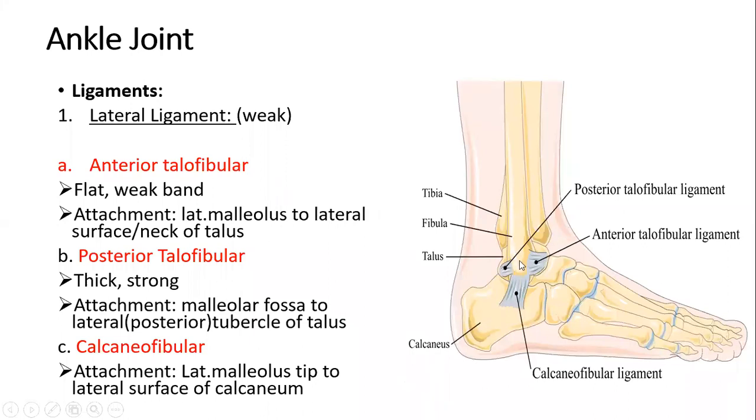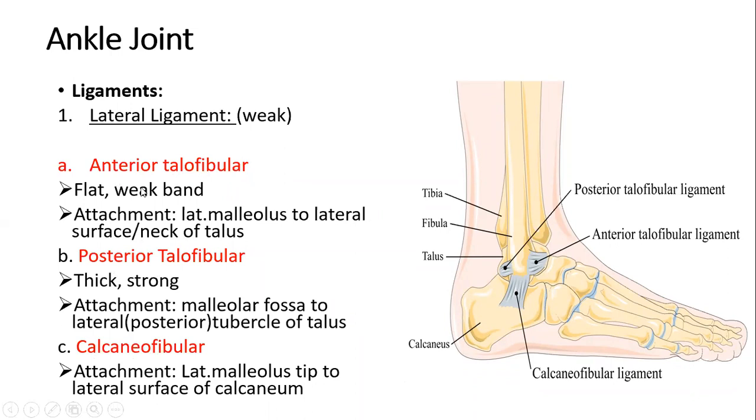But on the medial and lateral sides, the capsule is provided strength by the lateral ligament laterally and the medial, or deltoid ligament, medially. Lateral ligament is the weakest of the ligaments of ankle joint. It is in the form of 3 bands: anterior talofibular, posterior talofibular, calcaneofibular.